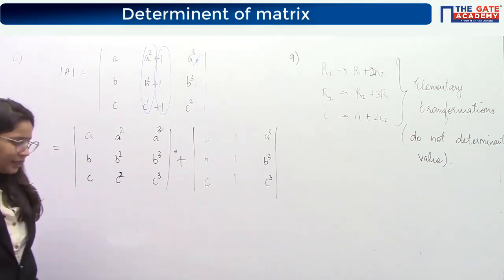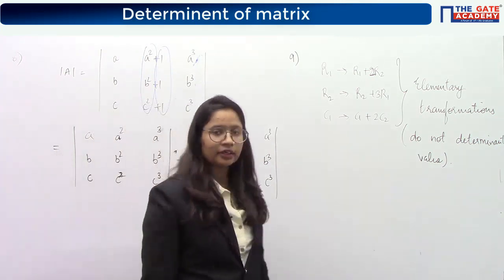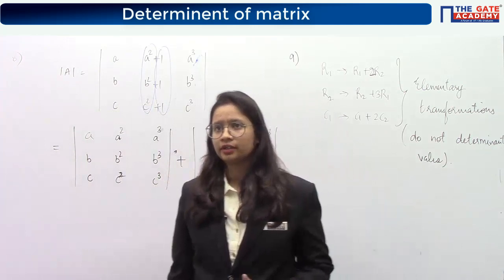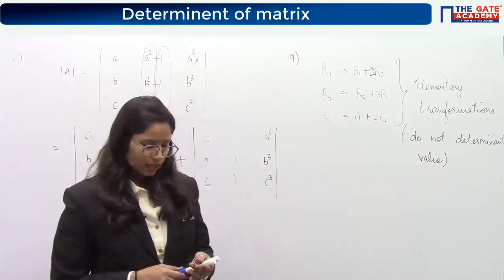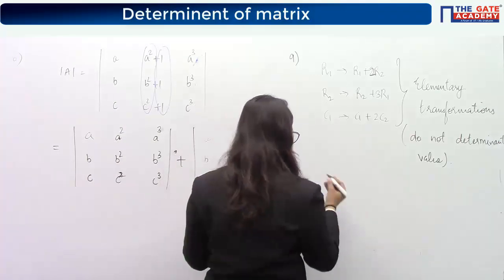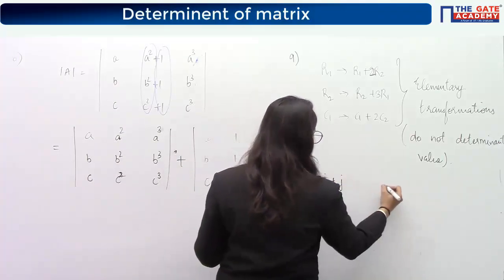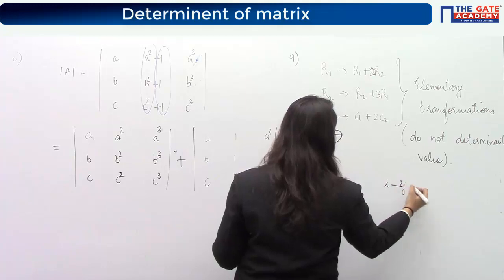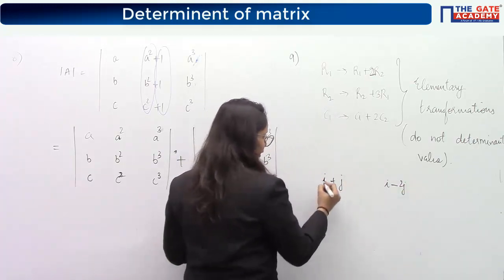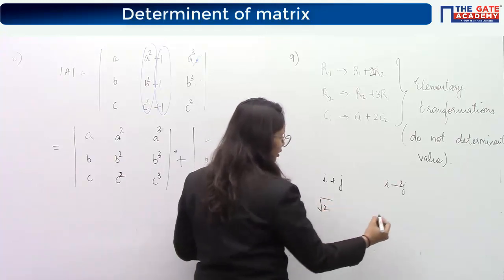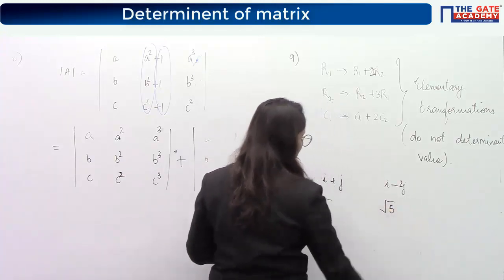No. Splitting the matrix and then taking the determinant is not equivalent. Understand this thing. We have seen determinants are nothing but vectors. So if you say that there are two vectors i plus j and i minus 2j, and I ask you what is the magnitude of each, then you will say the magnitude of this is under root 2, and the magnitude of this is under root 5.